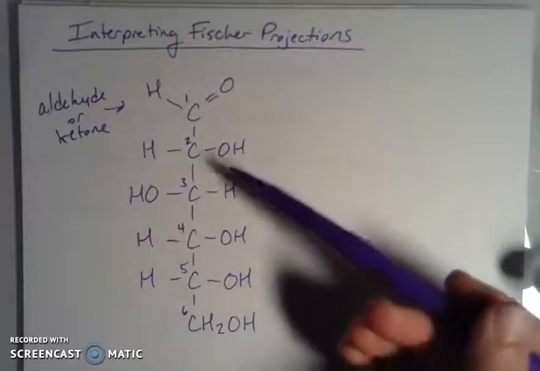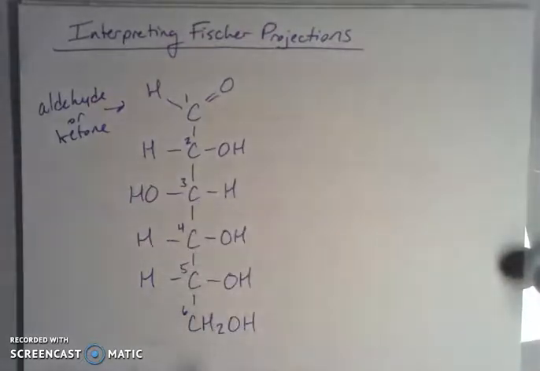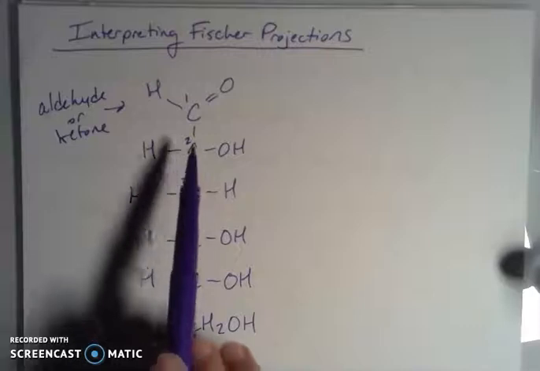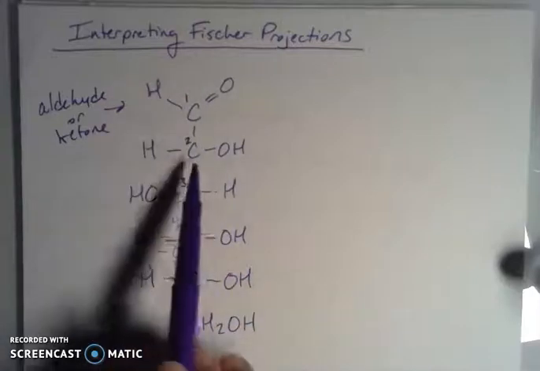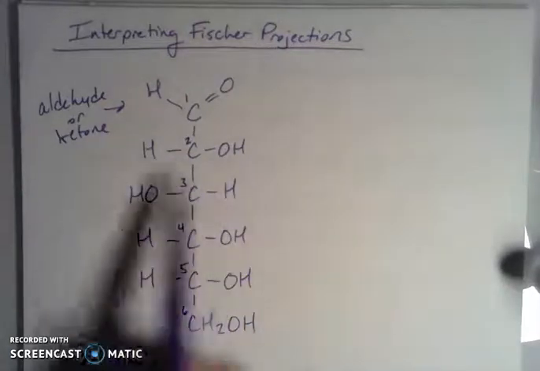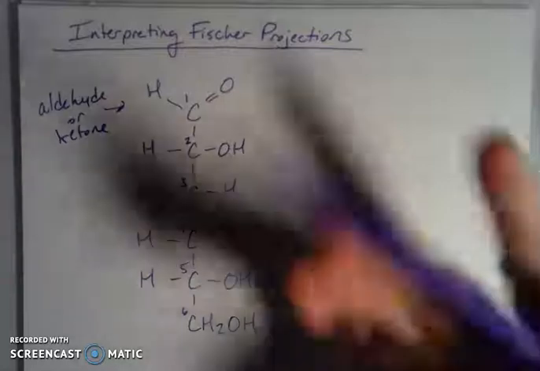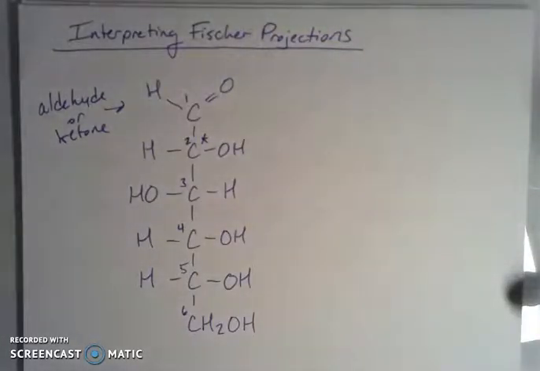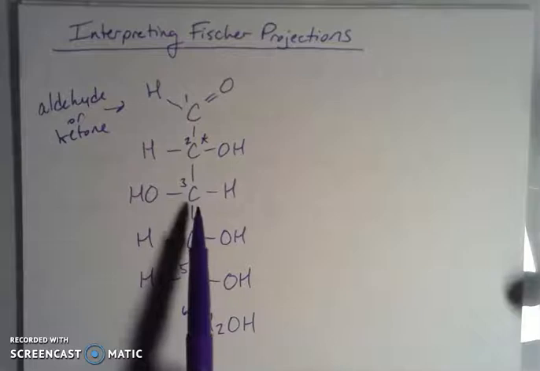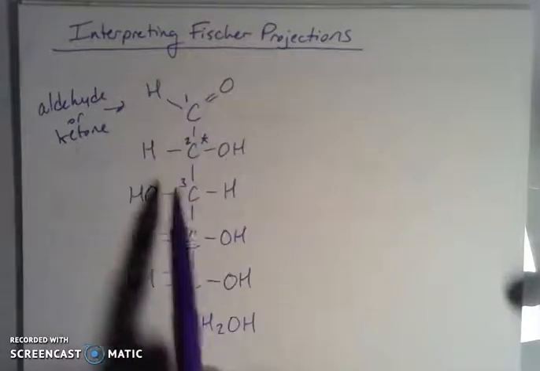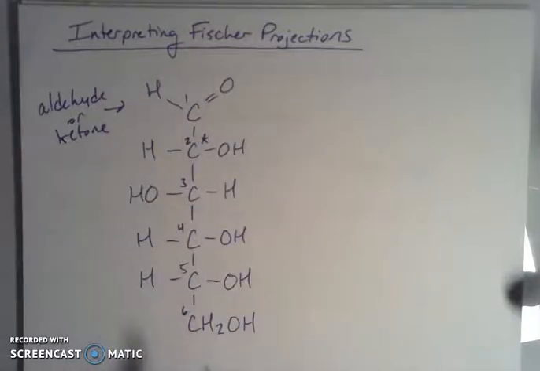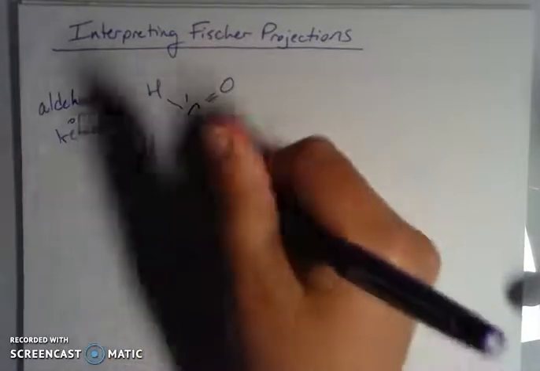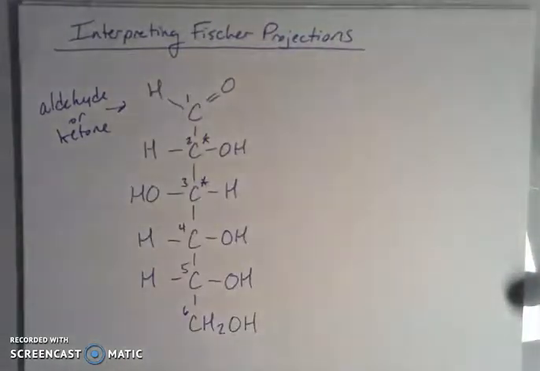Now if we look at the center ones, 2, 3, 4, 5, we can see that we do have chiral carbons. So this one's attached to an aldehyde, a hydrogen, a hydroxyl, and this whole thing, right? So that's chiral. So we can indicate that chirality by, usually we put a little asterisk there. This one is attached to the aldehyde plus all of this, and then this on the other side, a hydroxyl and a hydrogen, so it too is chiral.